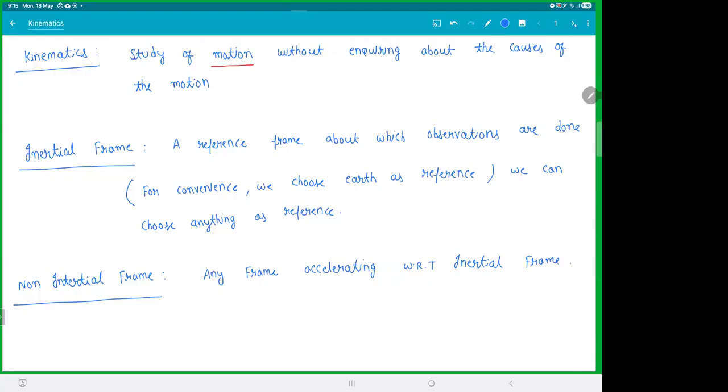Then we call it a non-inertial frame, and we have problems with this. Newton's second law starts failing in this frame. Newton's laws are not applicable. So you have to be careful in non-inertial frame.